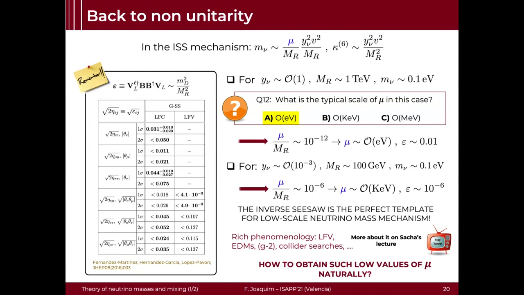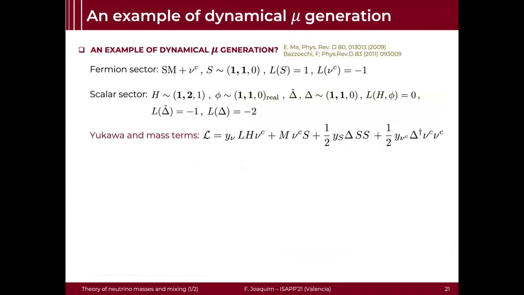So now the question is how to obtain such low values of mu in a natural way, because if we need mu of the order of electron volt or keV, then you should better think of some mechanism which suppresses this parameter in the scalar potential.